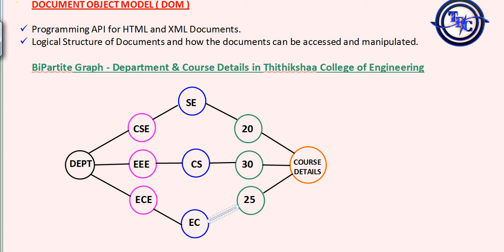So before going to HTML and CSS, as I told for Java, you have something called an API, right? Application Programming Interface. That is, you will have all the interfaces and the classes over here.